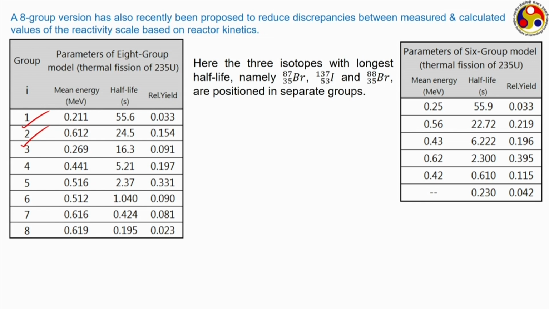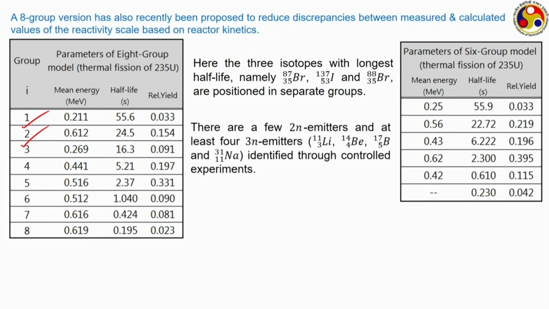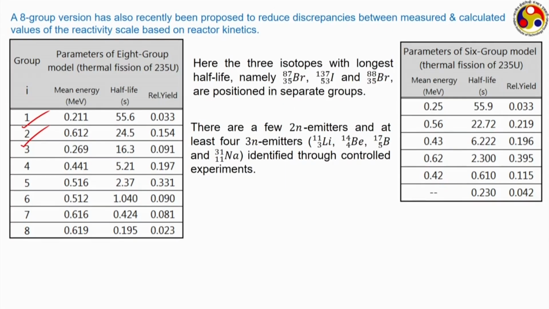Just for your information, in certain situations we may have one delayed neutron precursor which emits not 1 but 2 neutrons, and there can even be situations when it can emit 3 neutrons. There are at least 4 isotopes which can emit 3 neutrons. Like check lithium 11.